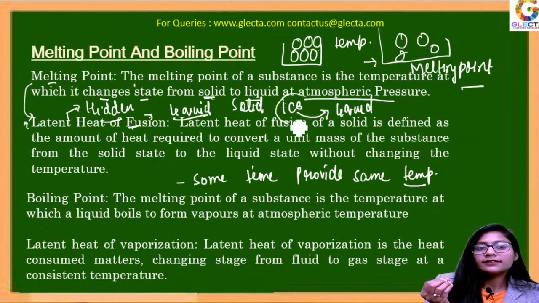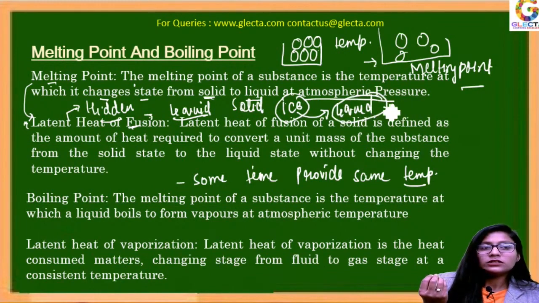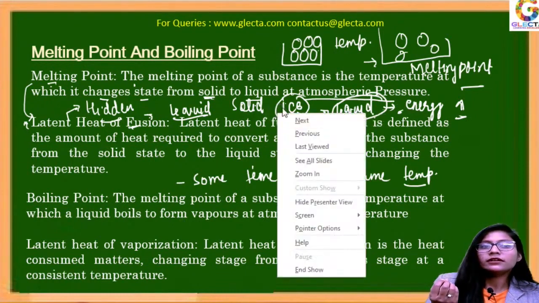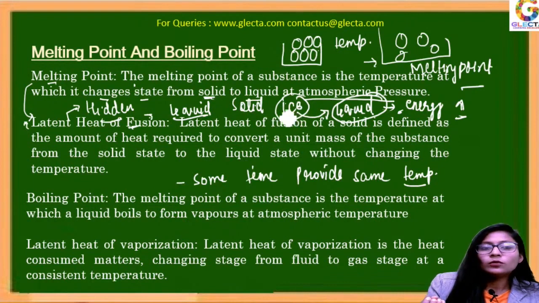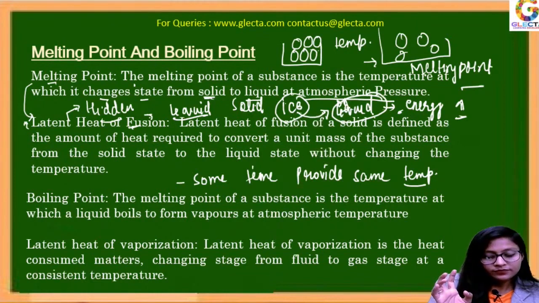Some part of the ice is still solid, but some part has converted into liquid. The energy is higher in the liquid state, whereas the ice cube has less energy. Why does this happen? Because the change of state takes place, and this is called latent heat. You understand what latent heat is?